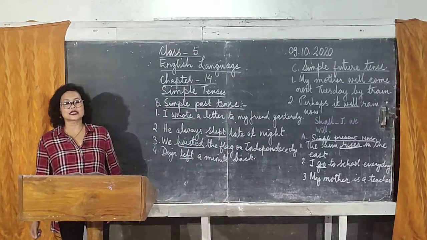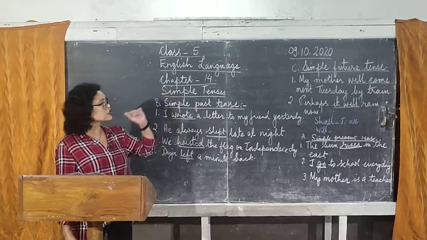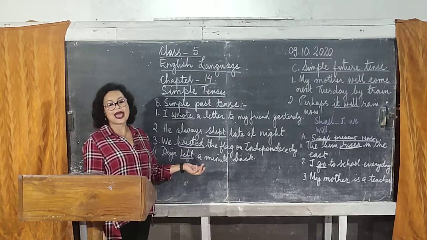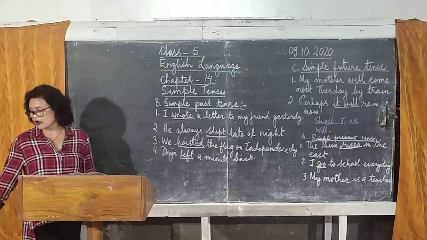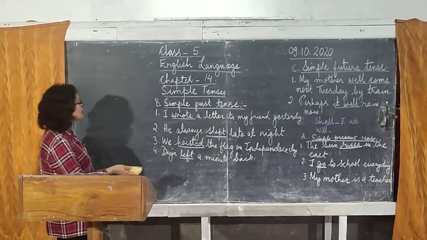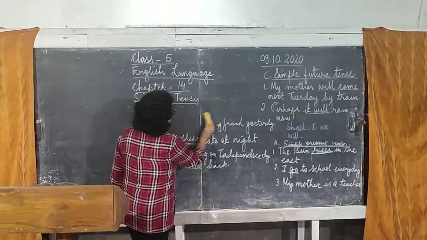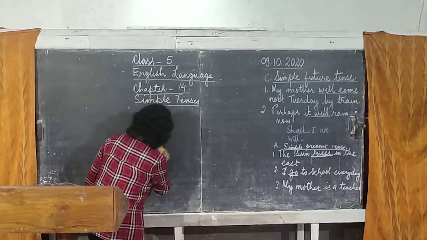If you know the rules, it's very, very easy to change. Okay? But future tense, mostly we add to the present tense, we just add will and shall. Okay, children, I am going to rub this out for you because I need to write more. Now, the rules.